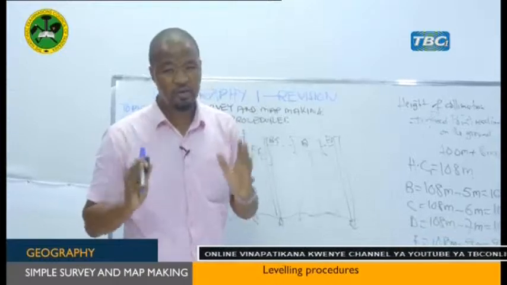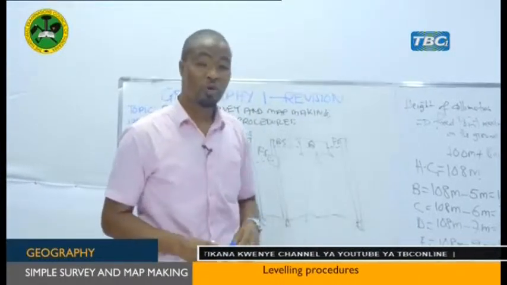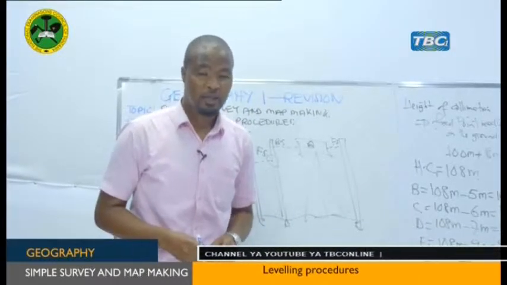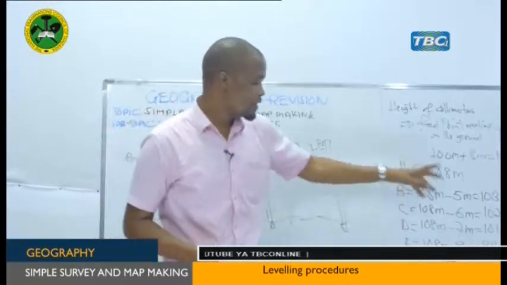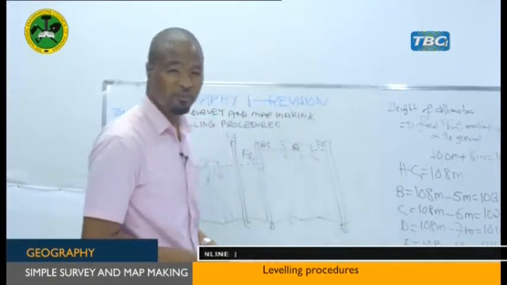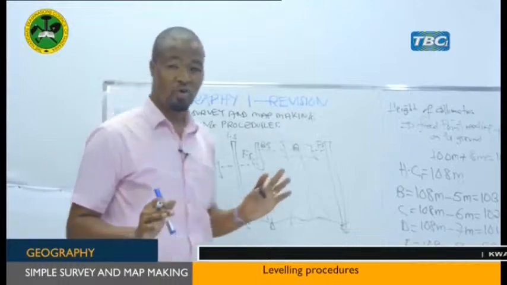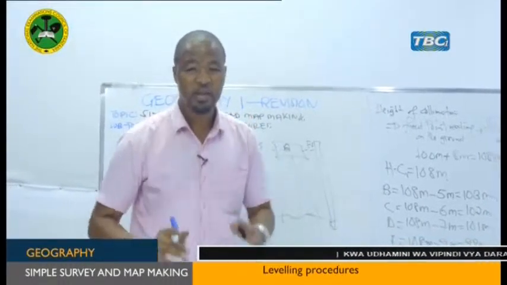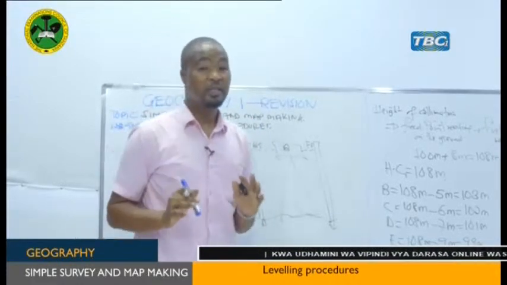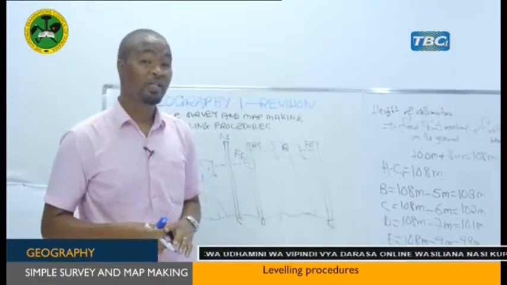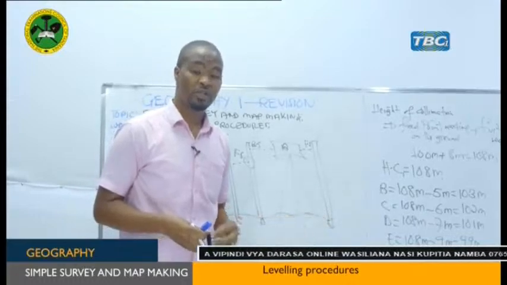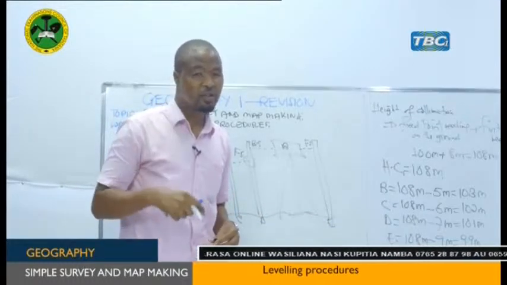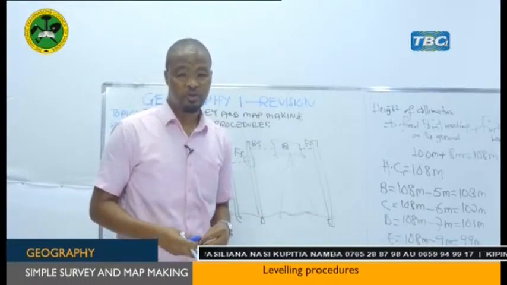So in the leveling booking sheet, we will also show the reduced level. So I'm going to show the last example where we will be asked to represent data in the leveling booking sheet, as well as find the reduced level between a certain point to the last point. Are we together?